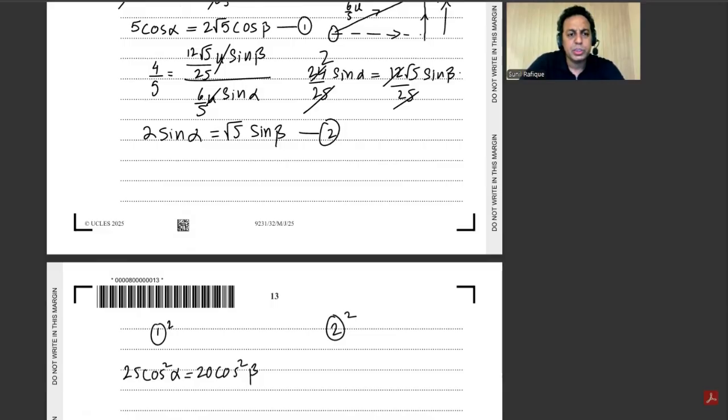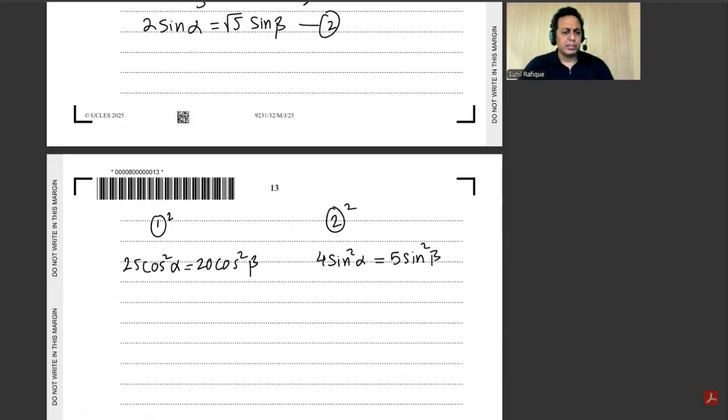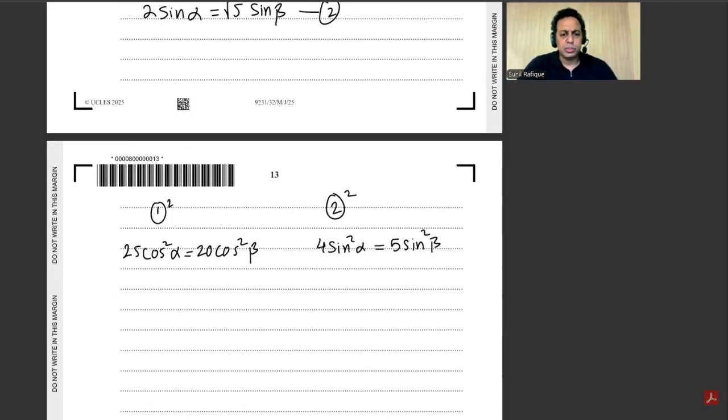That is one equation, and this will be 4 sine squared alpha equals 5 sine squared beta. So you can work this out anyway. Let's just use this one maybe, and for 4, I can put 1 minus cos squared alpha. And this way, let's make cos squared alpha subject, and then I can substitute in that one.